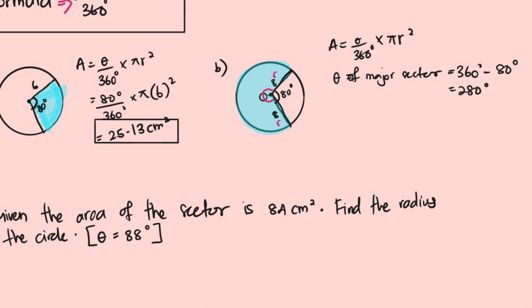So I already got the theta of my major sector. Now I can find my area. So area would be 280 divided by 360 times pi with the radius squared. So in here, I can just put 280 times pi times 8 squared, and then get the answer, and I'm going to divide it by 360.